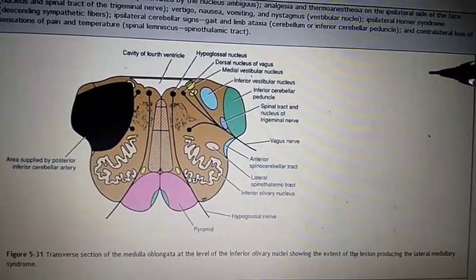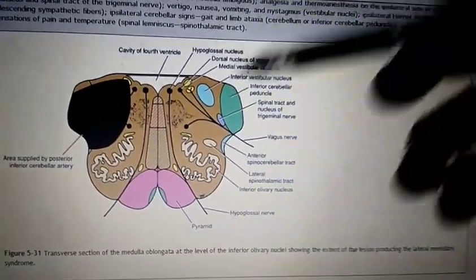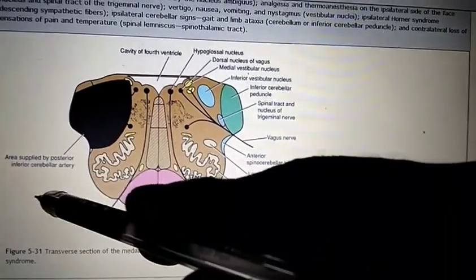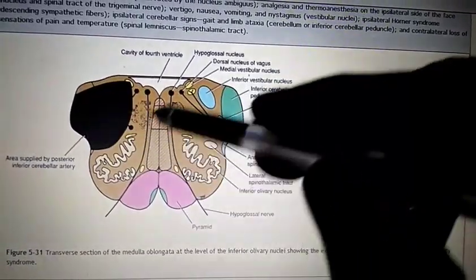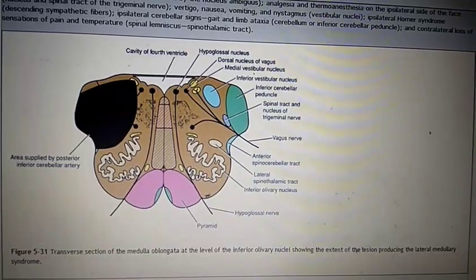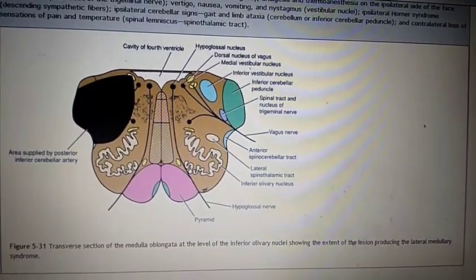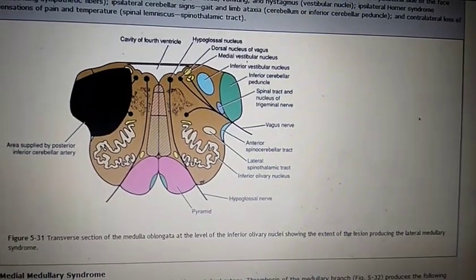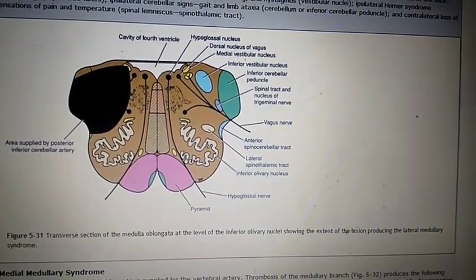In lateral medullary syndrome, there is thrombosis of posterior inferior cerebellar artery, which supplies dorsolateral aspect of medulla oblongata as well as posterior part of inferior surface of cerebellum, which we learned during the blood supply.